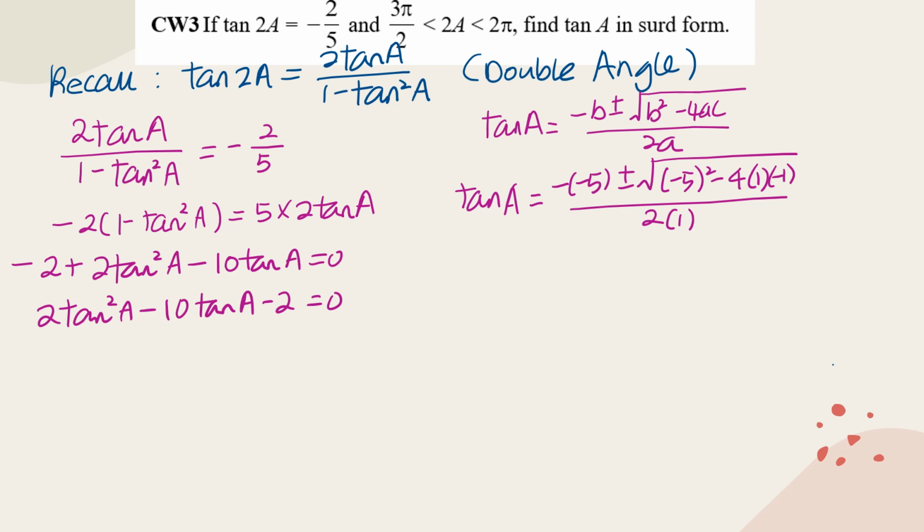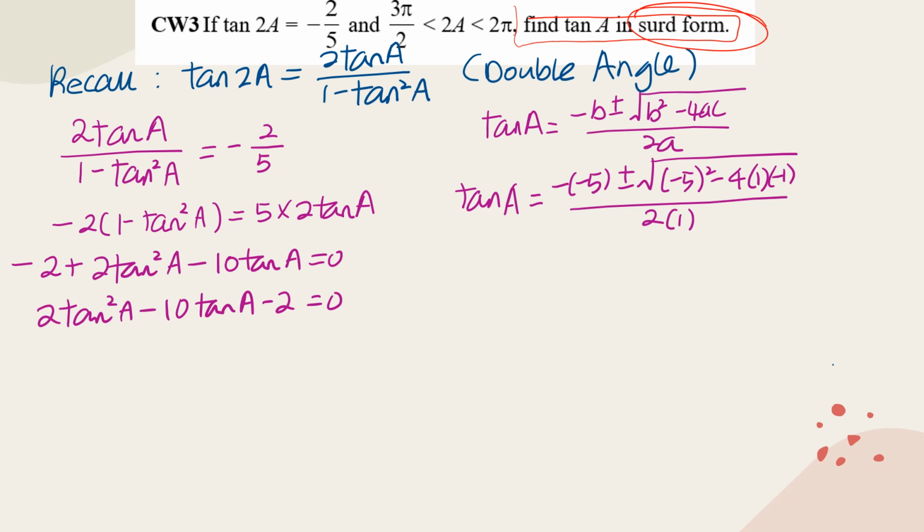You were asked to find tangent A only. But in this question here, you are told to leave tangent A in surd form. So if you see this thing called surd form, it means your answer is not a rational number. I shouldn't say integer.